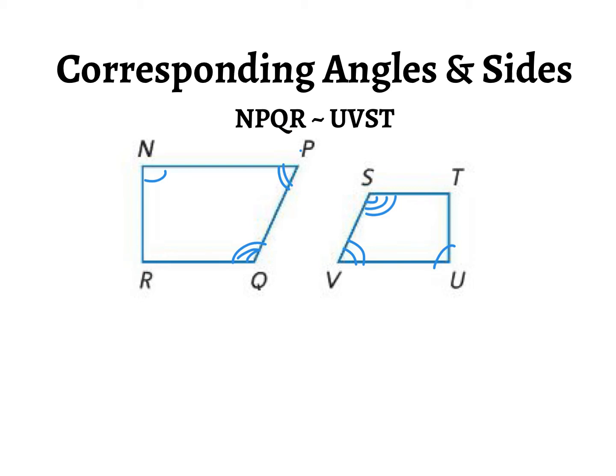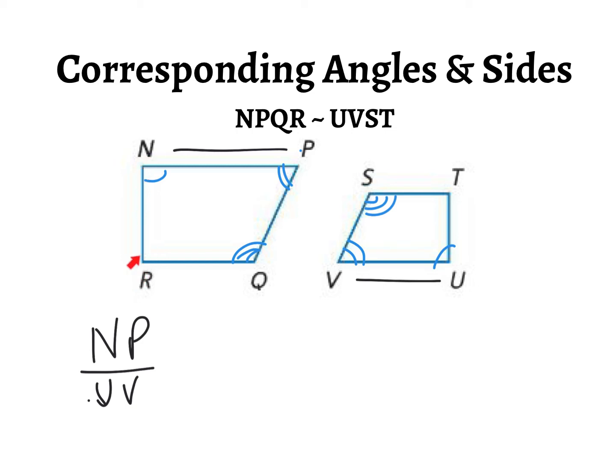Now that I know which angles correspond with which angles, I can also figure out which sides correspond with each side. Notice how the first two letters correspond with the first two letters. NP corresponds with UV. So I can say the ratio of NP is to UV. That's this piece. For the next side, I can also use the symbols.